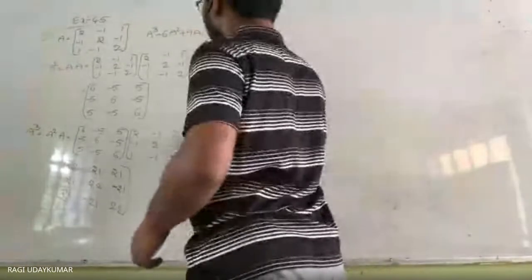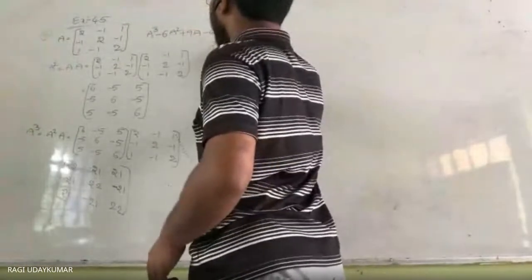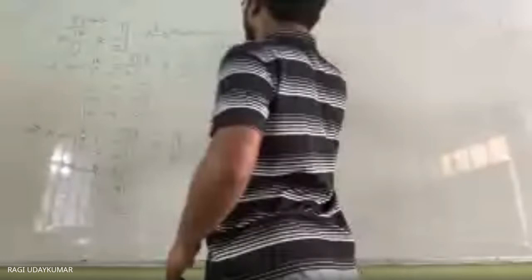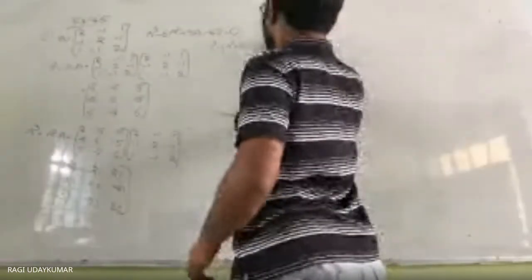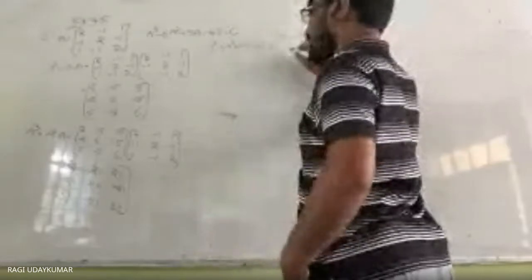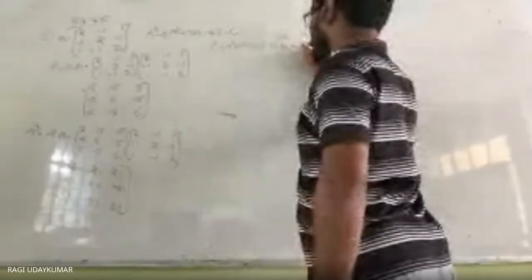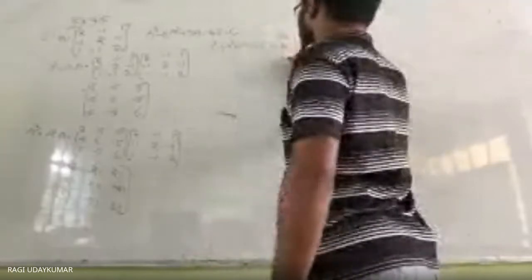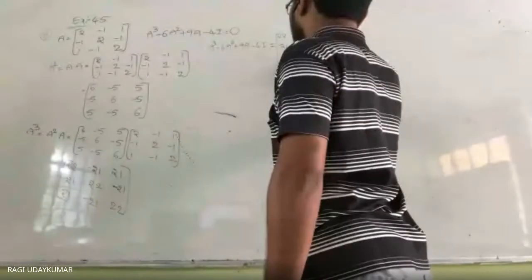Then what is the question we are asking you to prove? A cube minus 6A square plus 9A minus 4I is equal to O. A cube is nothing but this, 22, minus 21, plus 21, minus 21, 22, minus 21, minus 21, 20.